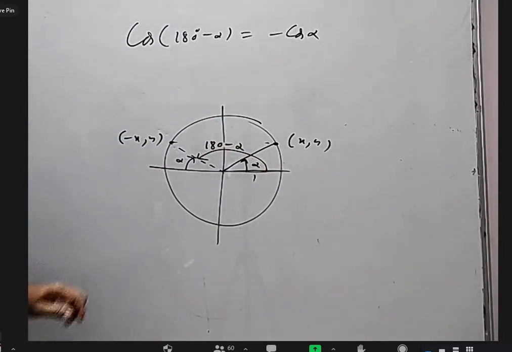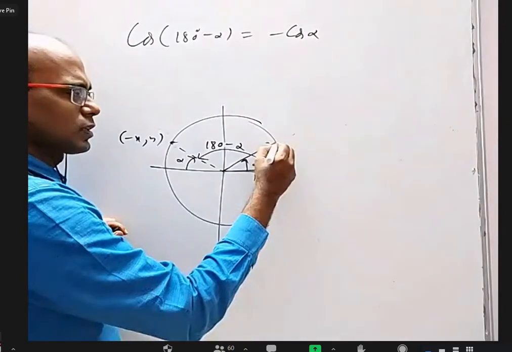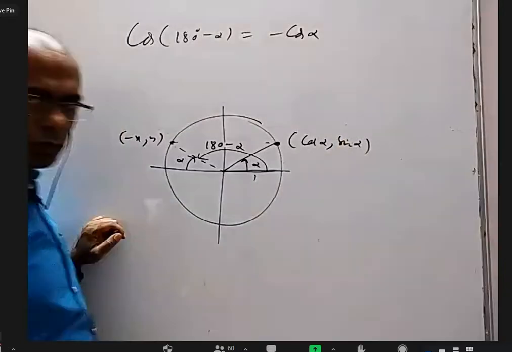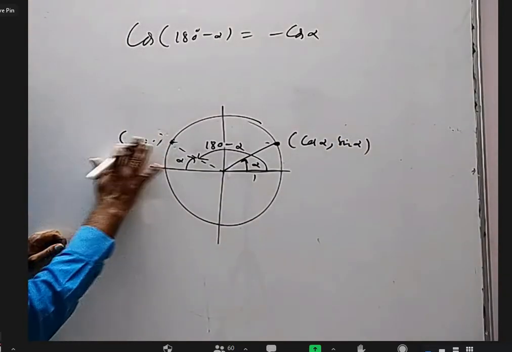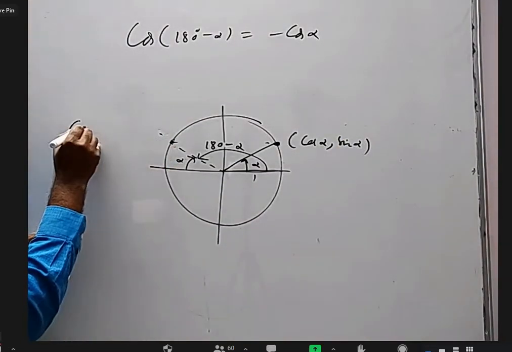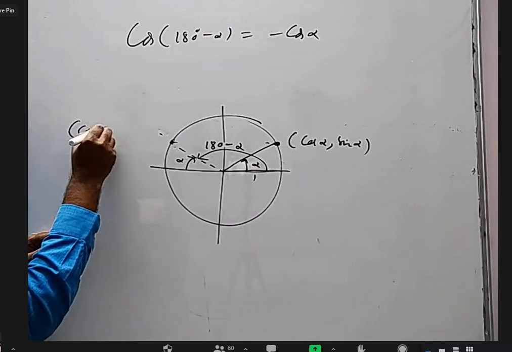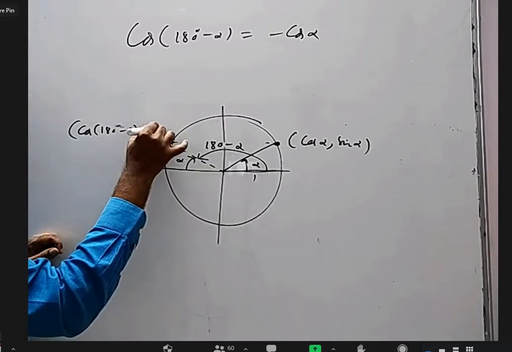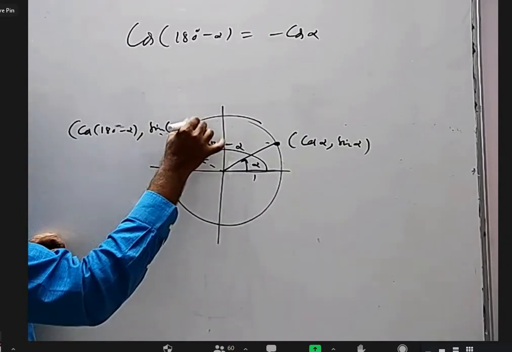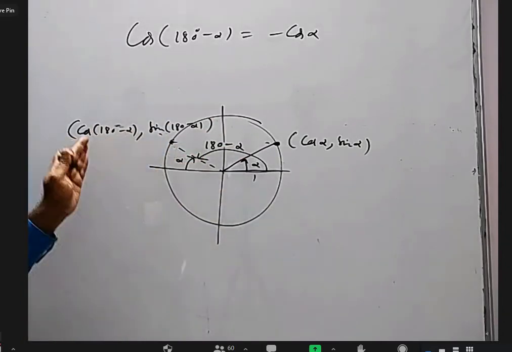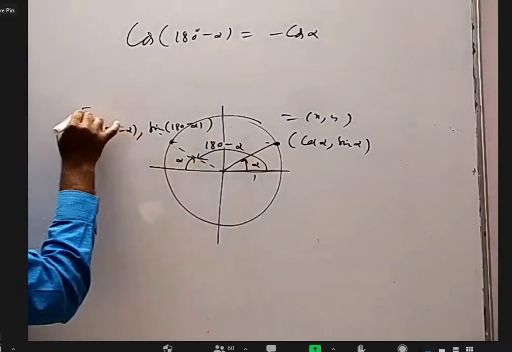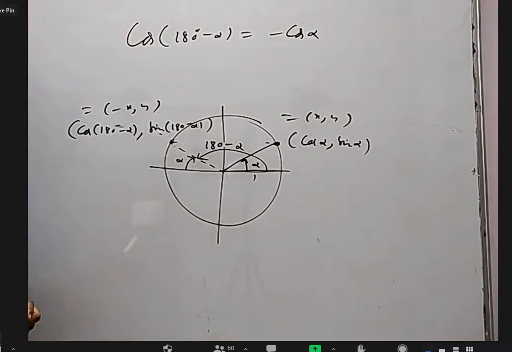Then can I say the coordinates of this point will be cos alpha comma sin alpha, and the coordinates of this point will be minus cos alpha comma sin alpha, that is, cos 180 minus alpha and sin 180 minus alpha. If this angle is theta, the x coordinate is cos theta, the y coordinate is sin theta, and this is equal to some x comma y, and this is equal to minus x comma y.